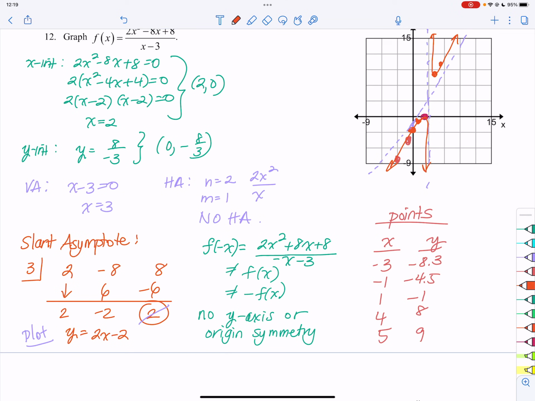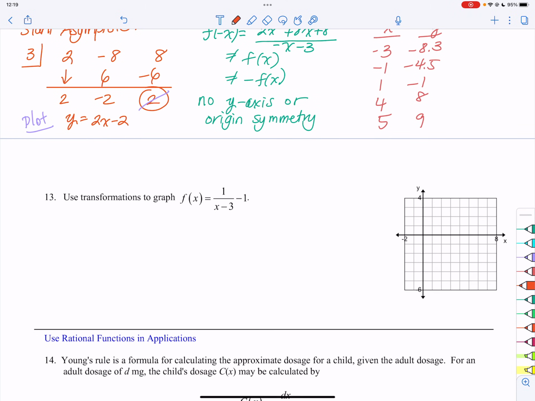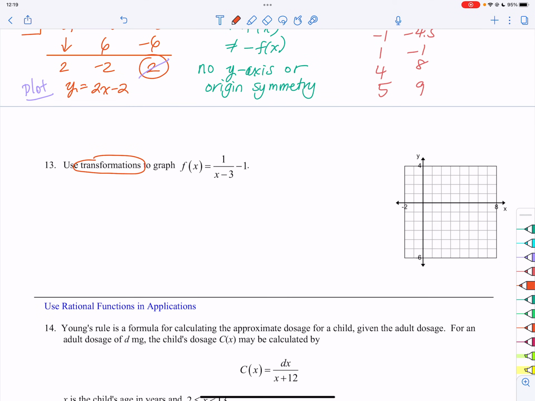Okay, wonderful. Let's take a look at how we would use transformations to graph this function. Well, if you started with the parent function, y equals, and then you would start with this, and then you would go to the right 3.